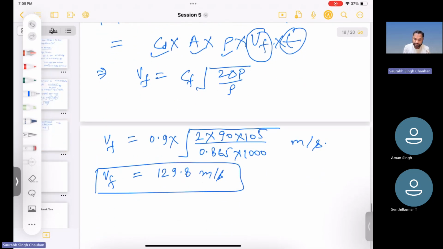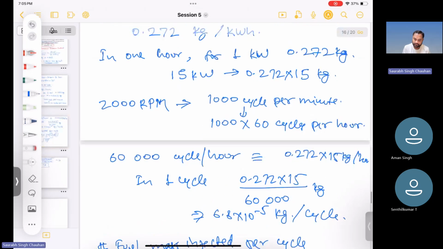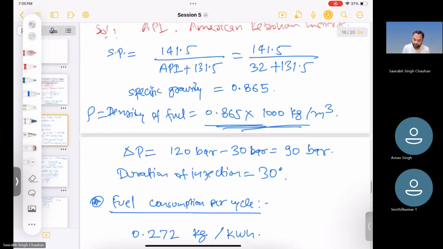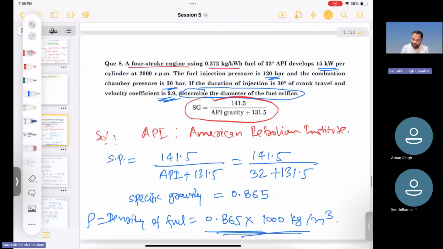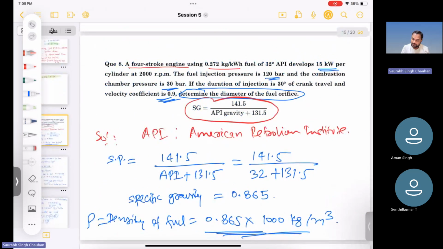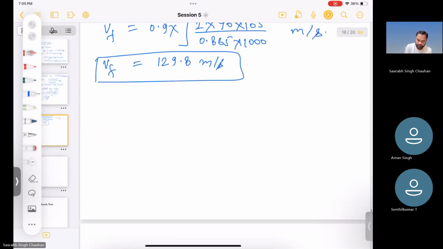Now we have velocity and time. Do we have time? Time in seconds. Injection duration is given as 30 degree. Now we need to convert this 30 degree into seconds.